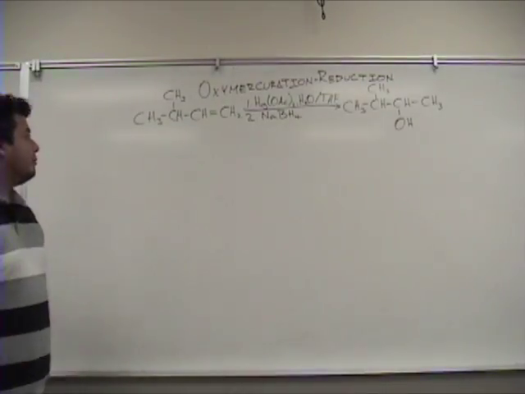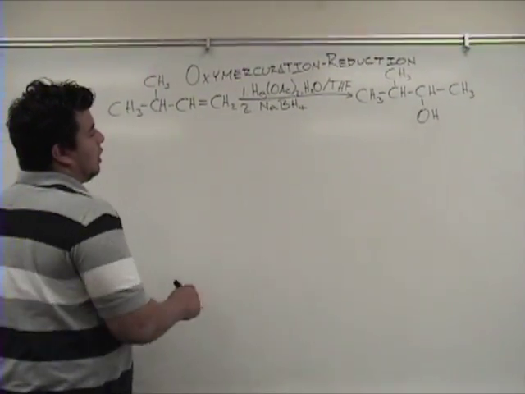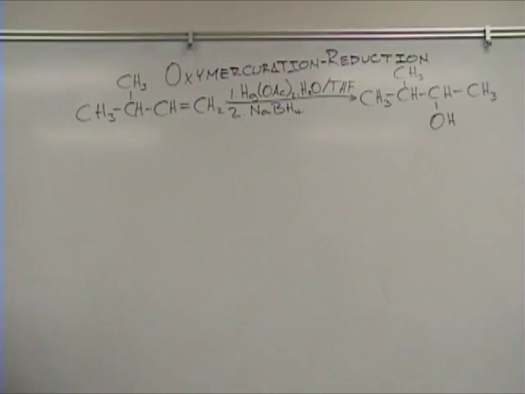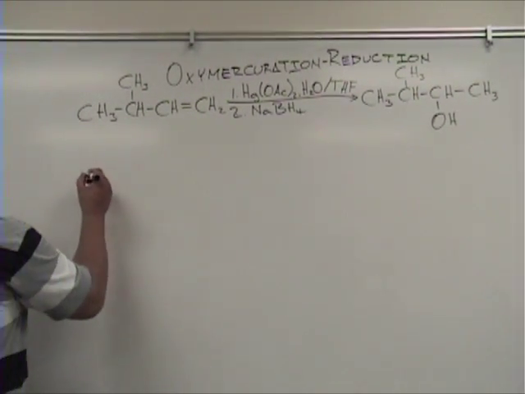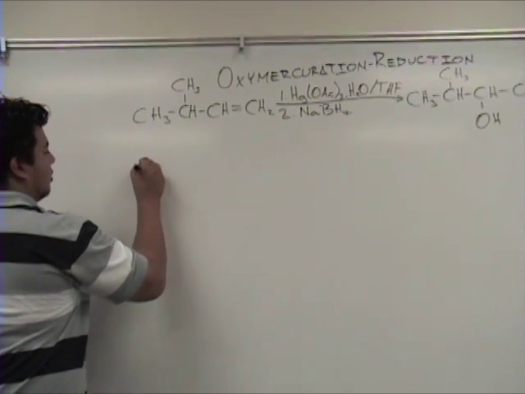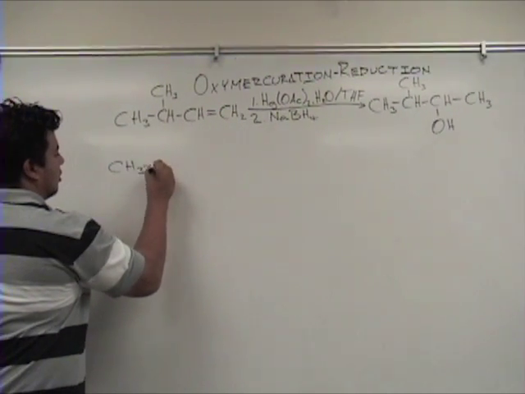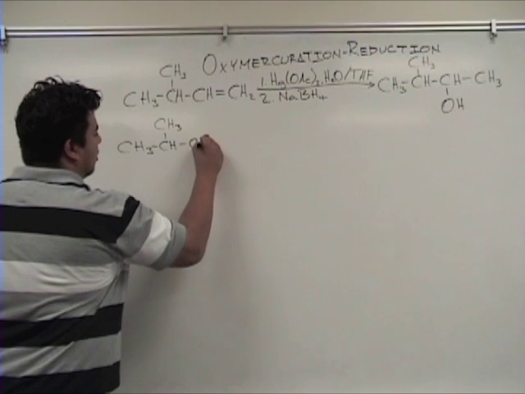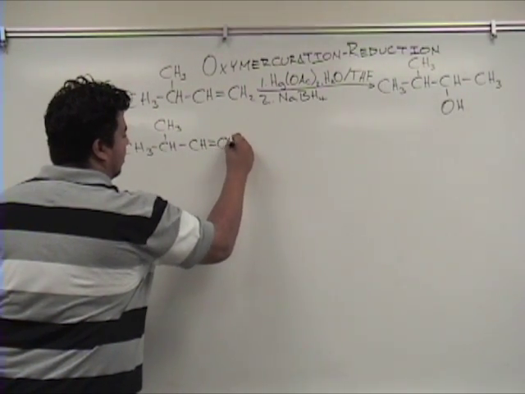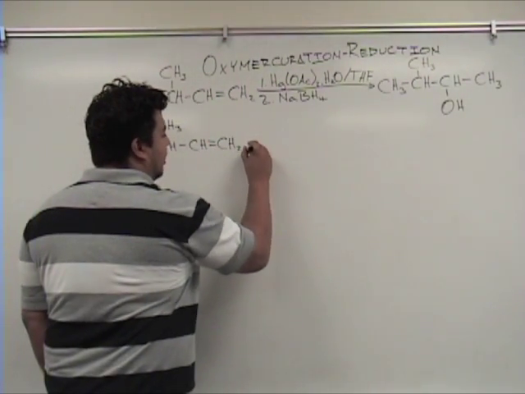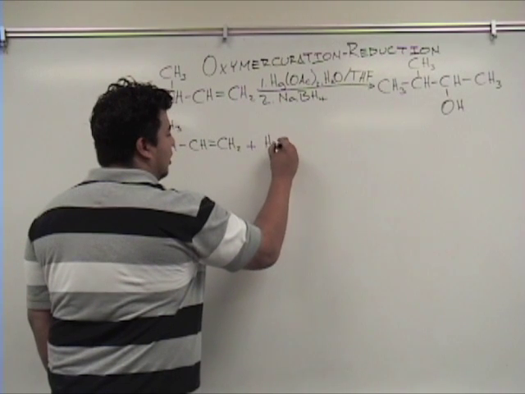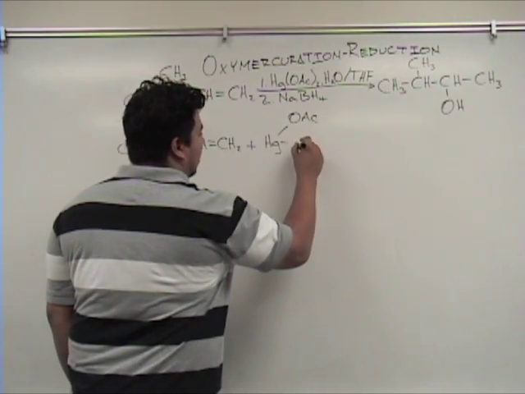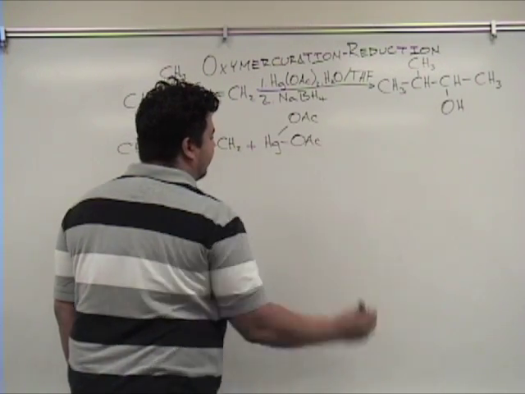Let's see another example. We have our alkene, and we have the mixture, and we should expect that. Now let's check out the mechanism for this. We copy this structure. CH double bond CH2, and we know that this adds to Hg(OAc)2, another OAc group here.